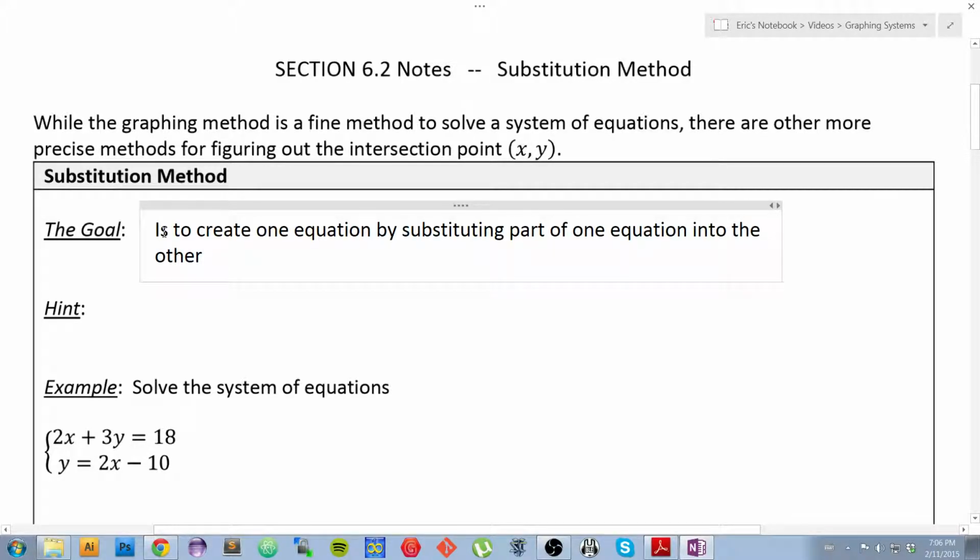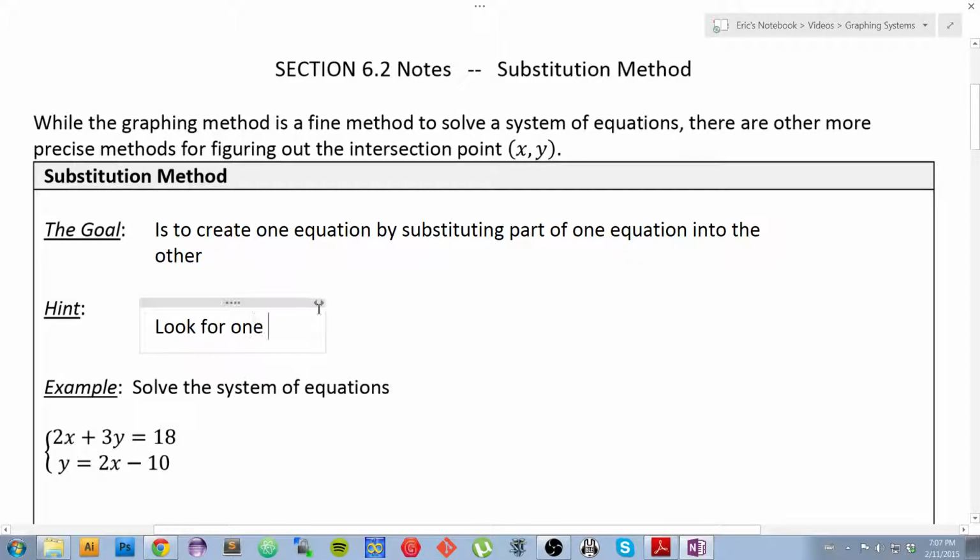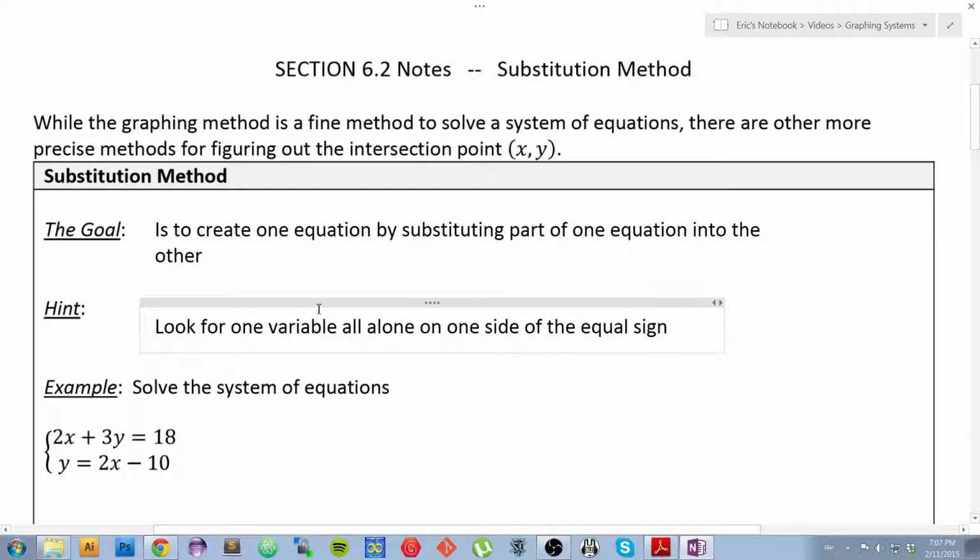We'll see what that looks like in just a moment, and what that's going to do is allow us to solve for x and y. And the big hint that you're going to use to know how to substitute, to know what we're going to put inside the other equation, is that you're going to look for one variable all alone on one side of the equal sign.